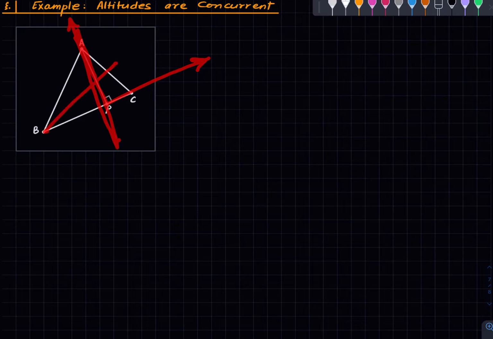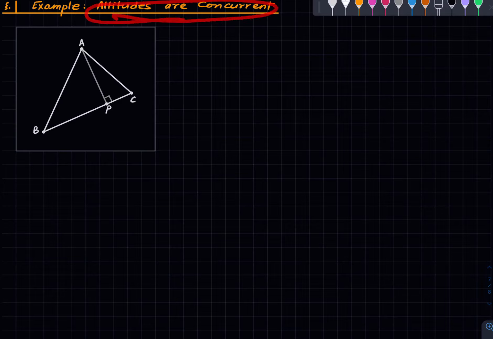And then you can work out the equation of the other two altitudes, and that will save some computation. That's the only reason I wanted to discuss this. All these concurrency things will be given as exercises later. But I just wanted to make the point that sometimes choosing the coordinate axes properly saves a lot of computation.